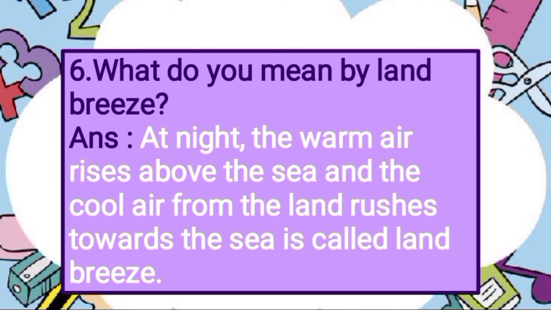So the answer is, at night the warm air rises above the sea and the cool air from the land rushes towards the sea is called land breeze.